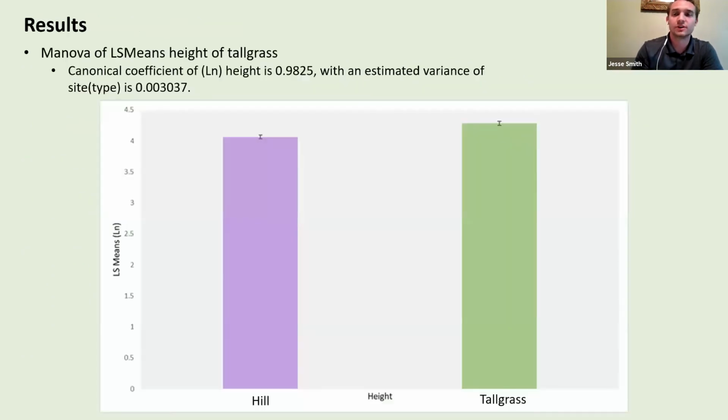My results can be a bit confusing because I ended up doing a MANOVA, a multiple response analysis. But very generally, I can show you some graphs to show you what these things look like. Between the height of the tall grass and the hill prairies, we see that the tall grass prairie plants of purple prairie clover are indeed taller than those in the hill prairies.